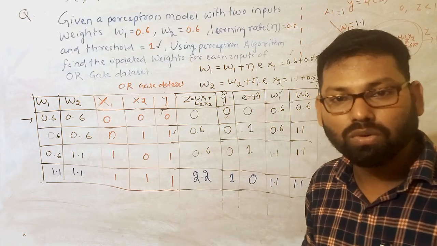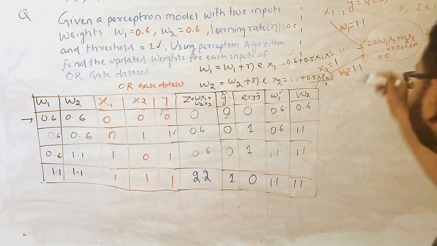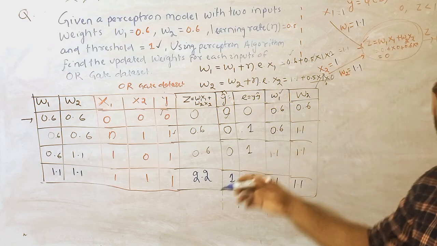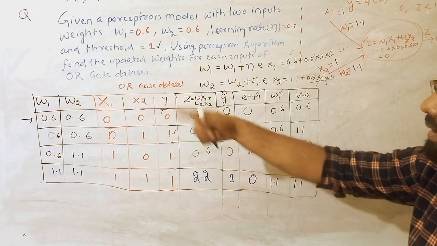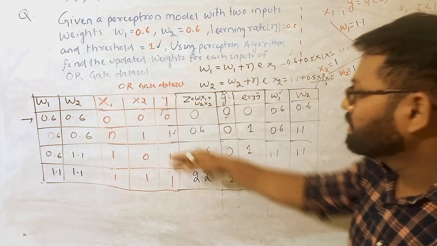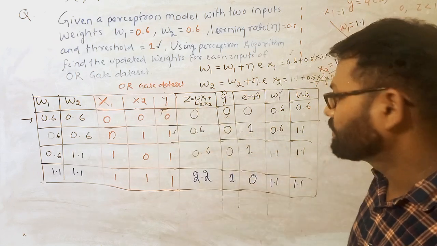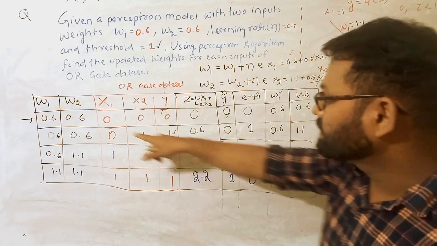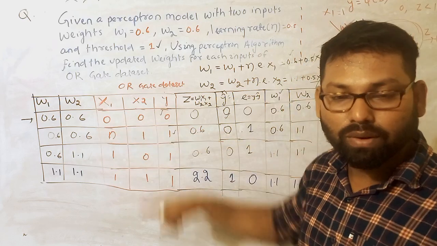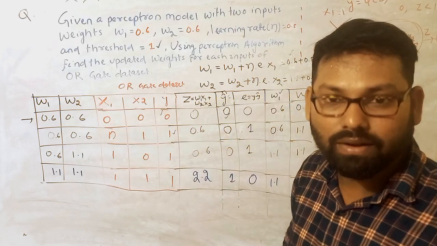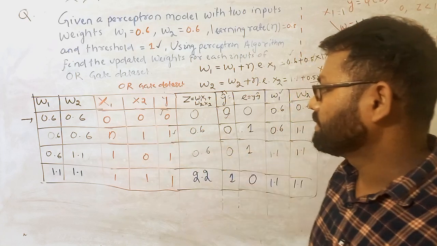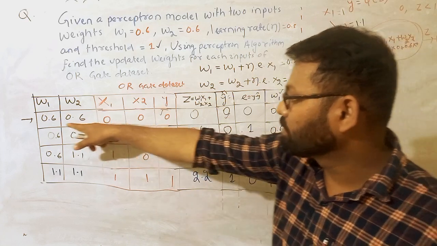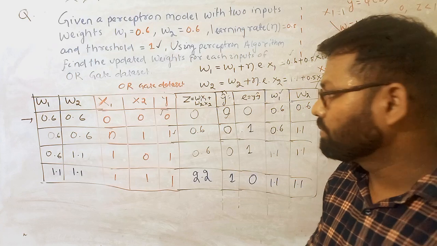If you want to check again with this new weight whether it is really working or not, you can proceed. So here you can test for the next round. We want to see that this weight is working perfectly or not. So you just apply here. You can change the weight here to 1.1, 1.1.